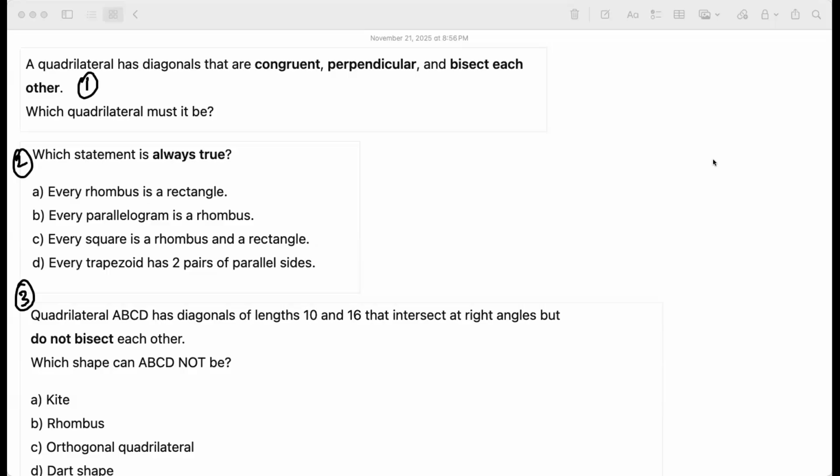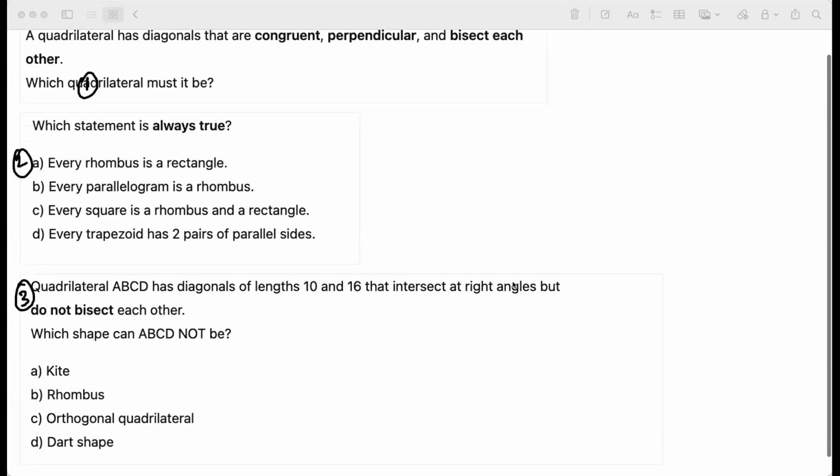Every rhombus is a rectangle, no, that's not right. Every trapezoid has two pairs of parallel sides, no, only one pair of parallel sides. Okay. Johan, I think that's right. Dhruv, that's right. Prisha, that's right. Harshita, that seems right. See, because a square is different. Correct. Ananya, I'm checking. Yeah, correct.